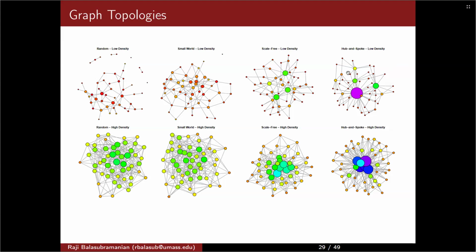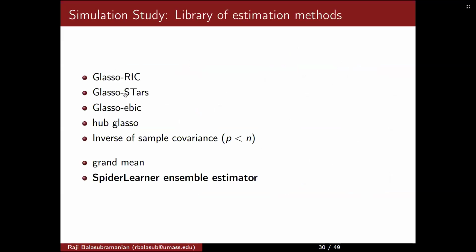So you can think of a biological network that's an analog to that, such as a hub and spoke model. All of this is to say we did a simulation assuming the true network looks like a variety of different things that you may see in different applications. And we asked, does our SpiderLearner algorithm work equally well in all of these situations?